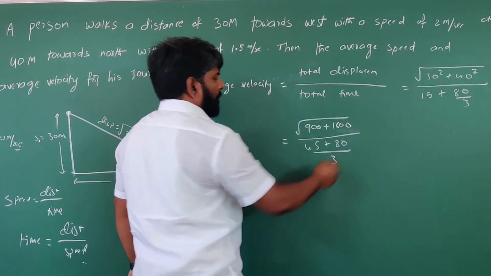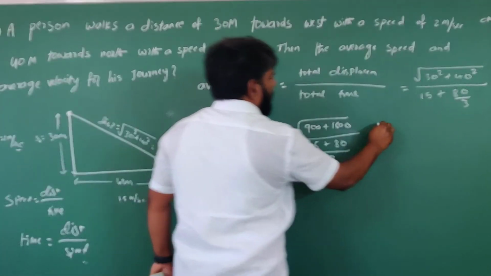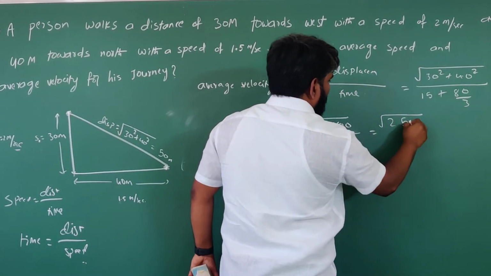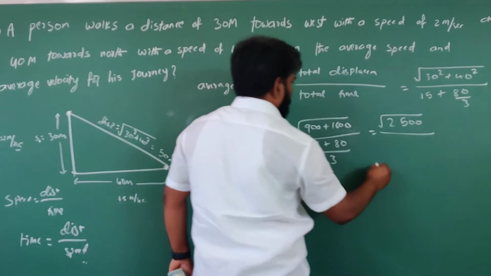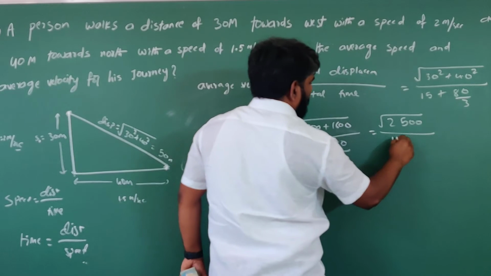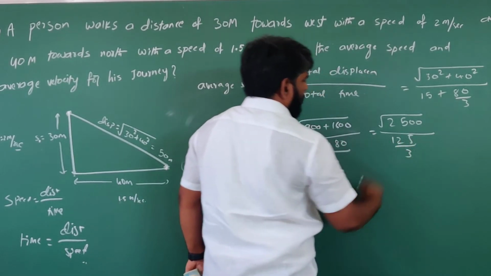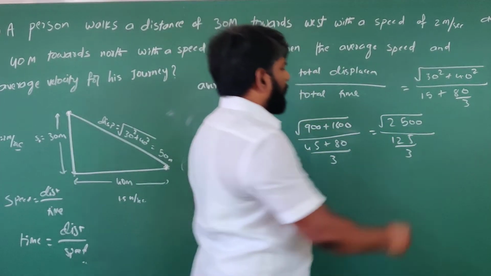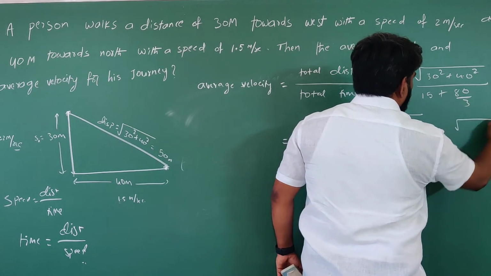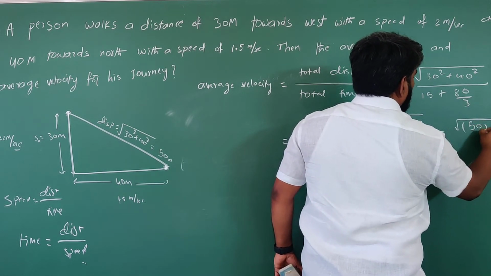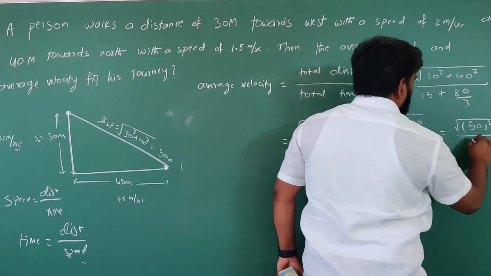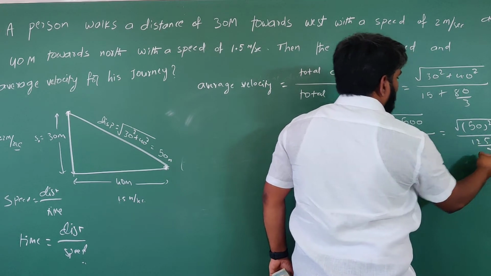That's it. Taking the LCM, now this we can write as root of 2500 by 45 plus 80, 125 by 3. Root of 2500 we can write as root of 50 whole square by 125 by 3.